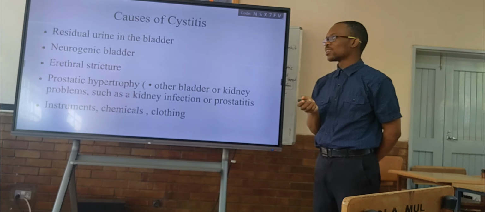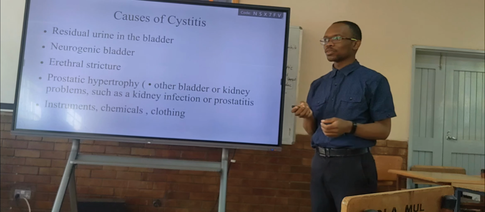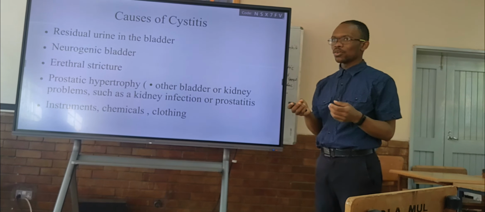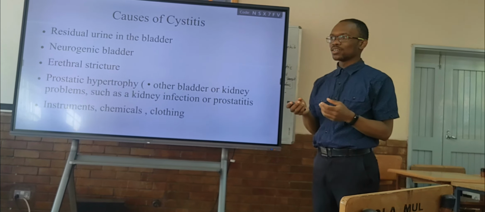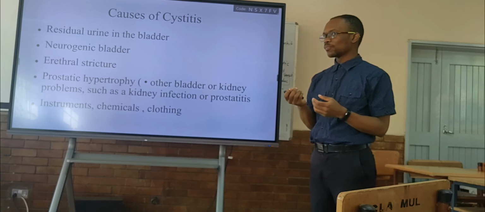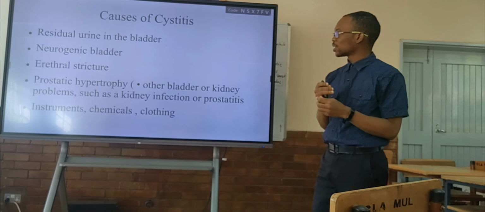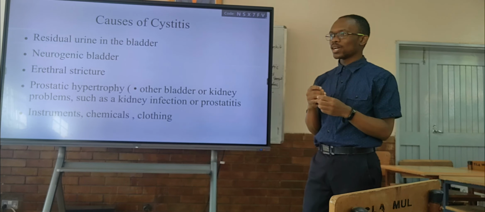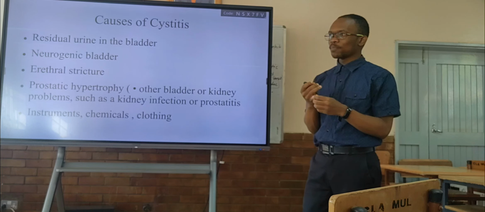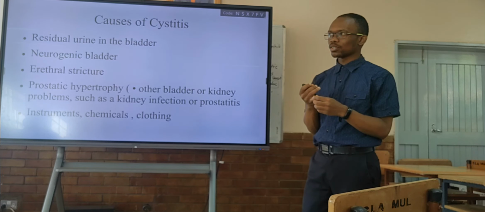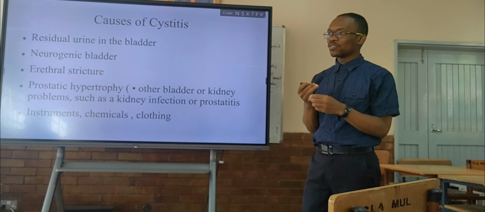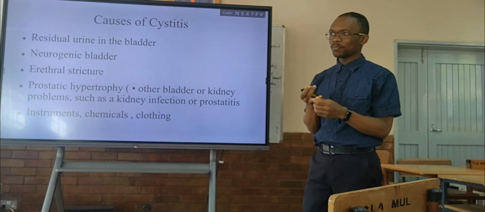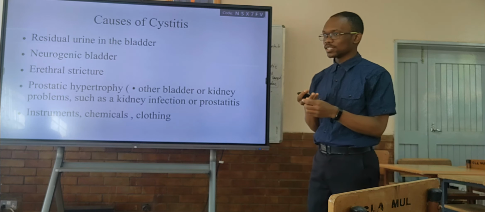Neurogenic bladder is where you fail to control your sphincter to release urine. The nerves are failing to work as they are supposed to work. This happens maybe when you have a traumatic injury, a brain tumor, or Parkinson's disease.